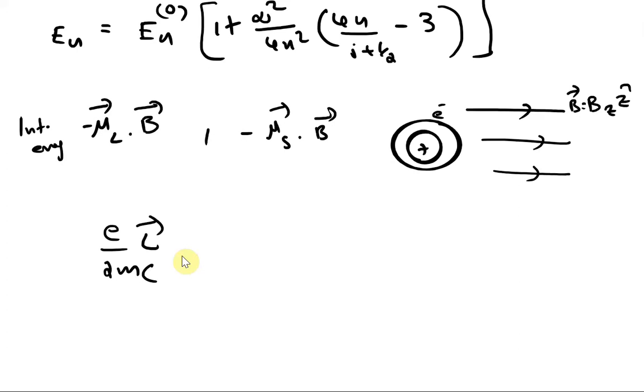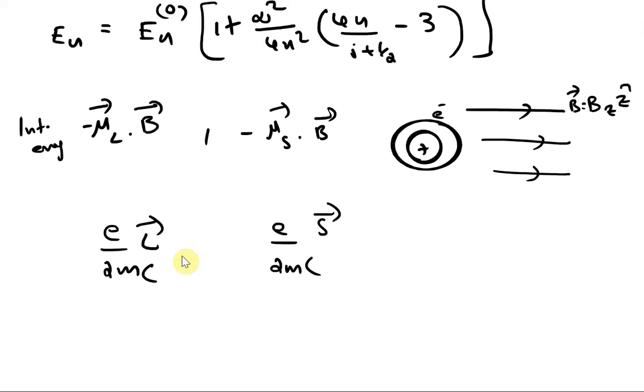And similarly here also e by 2mc into S, and one g factor will come in addition when you put in the quantum mechanical treatment. The entire equation can be made from our classical picture, and then you put in the g factor as a quantum mechanical correction. That is the way you derive it.